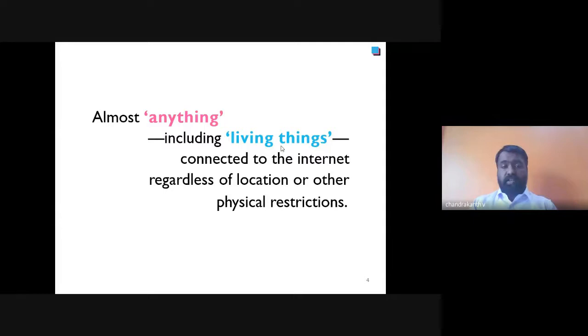In another definition, we could say almost anything, including living things. How do we connect living things to the internet? It's by connecting devices, some sensors, to the living beings, which send the data over the cloud. That data is later processed and analyzed, and conclusions are derived from it.